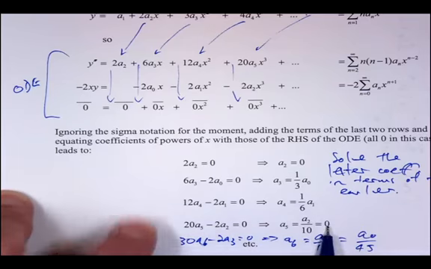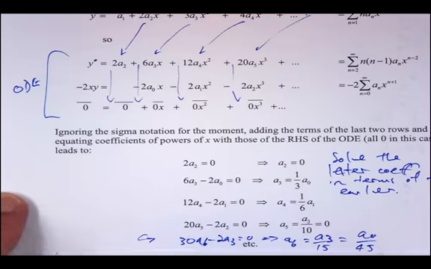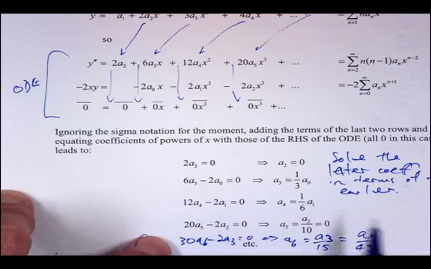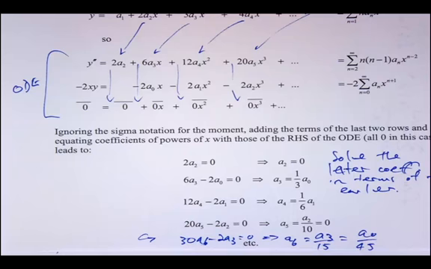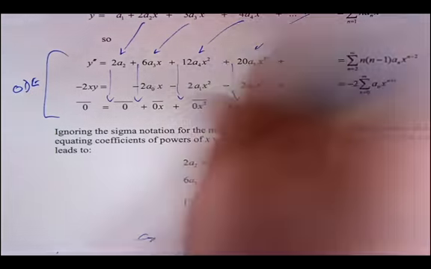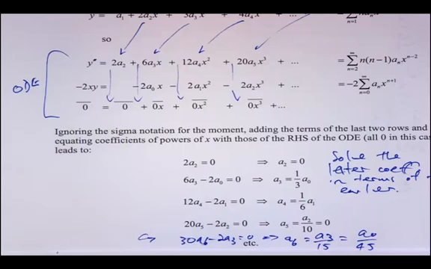And A9 will go back to A6, but A6 went back to A3, so everything, in fact, will either go back to 0 or eventually through enough steps to A0 or A1. So how many unknown coefficients will there be that we end up with after doing all of this? Well, we know what A2 is, and then there's only A0 and A1 left over. Okay, everything else is known. Comes back to A0 and A1.